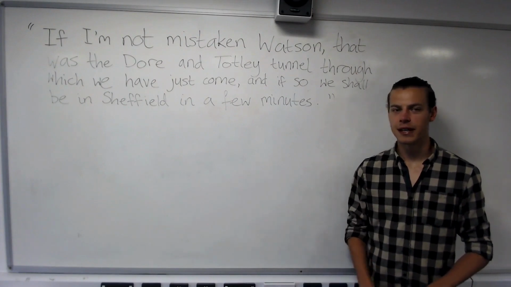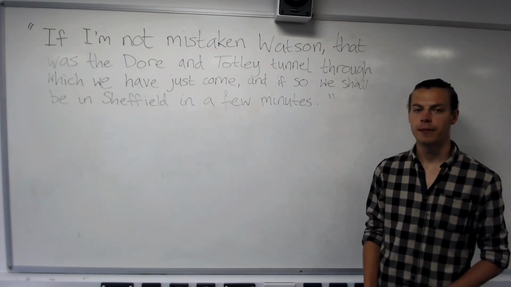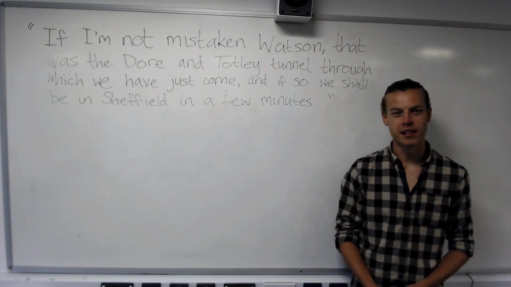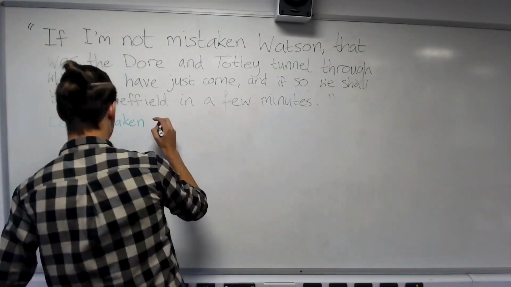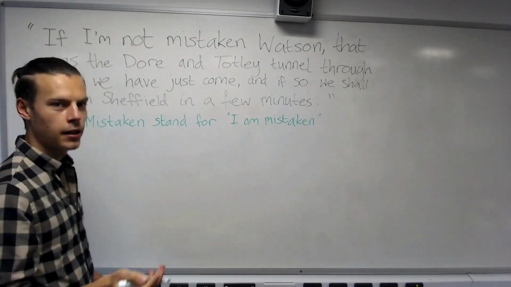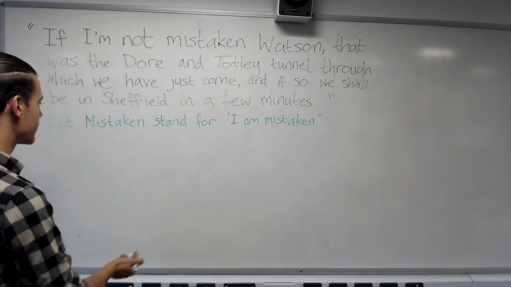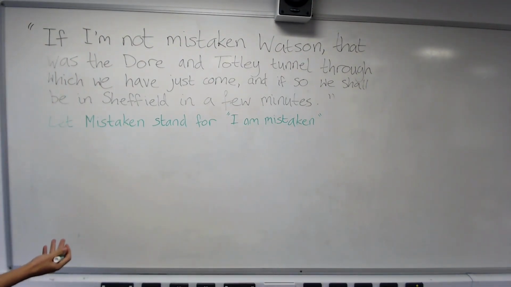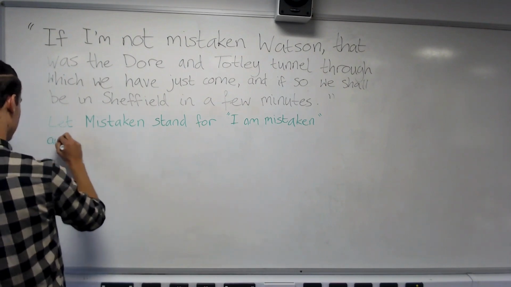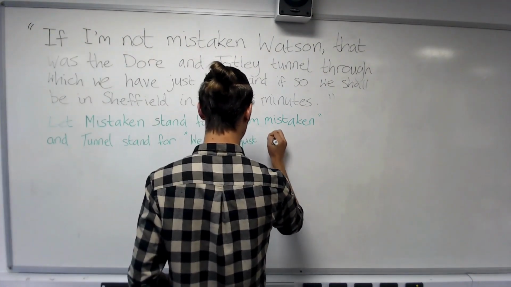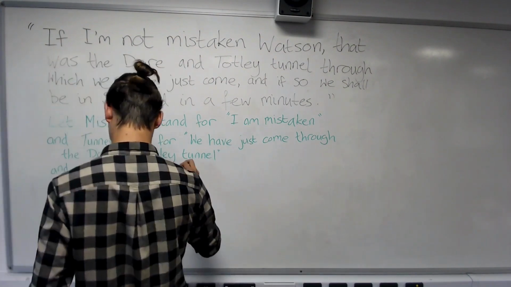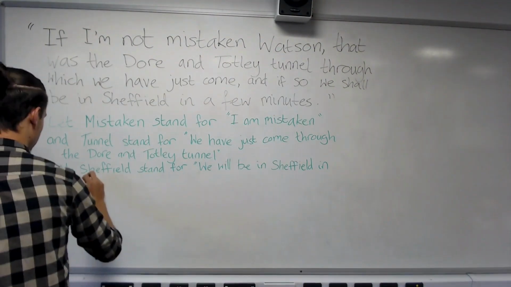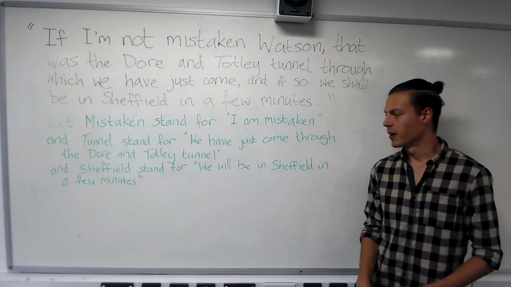So we want to convert this statement into propositional logic. So let's start by defining some variables. So this is our first variable. Let mistaken stand for I am mistaken. So here are three variables.